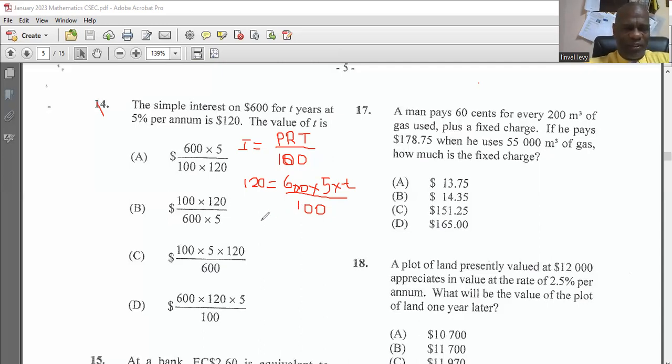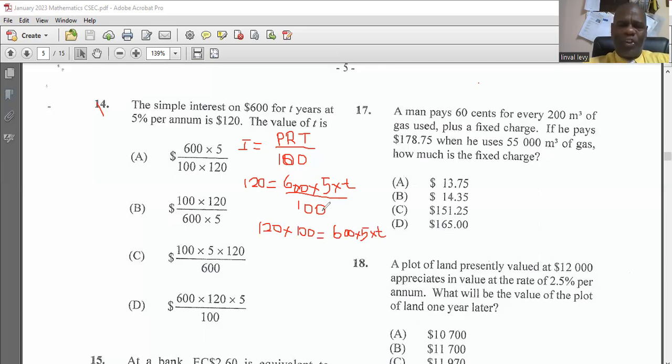So I'm going to have now 120 times 100 equals 600 times 5 times T, right?